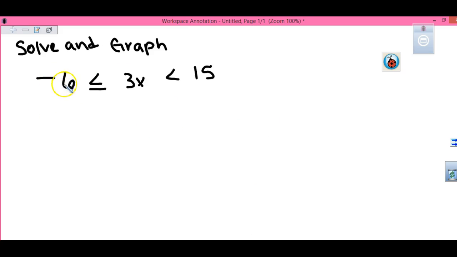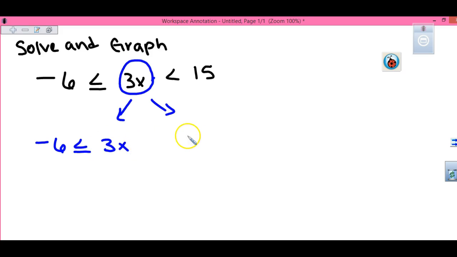Solve and graph -6 less than or equal to 3x less than 15. So what are we sharing? 3x. So we're going to write this as two inequalities. -6 is less than or equal to 3x, and 3x is less than 15. Going to solve both of these.